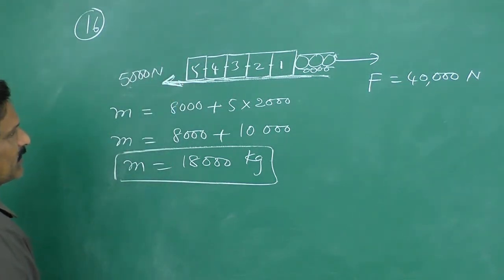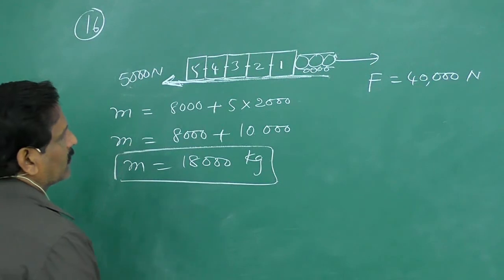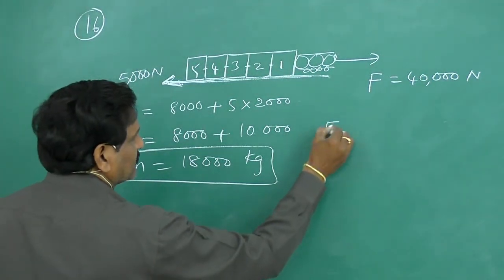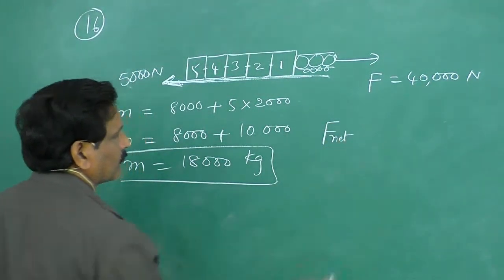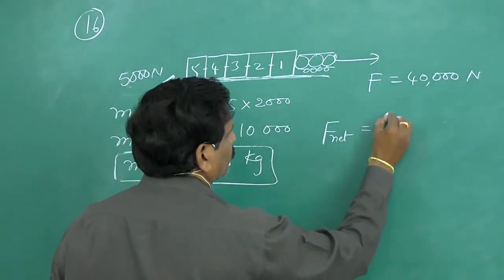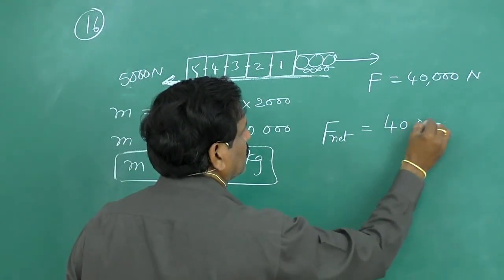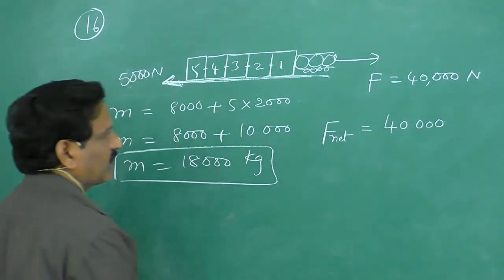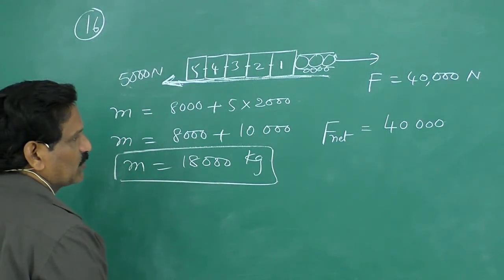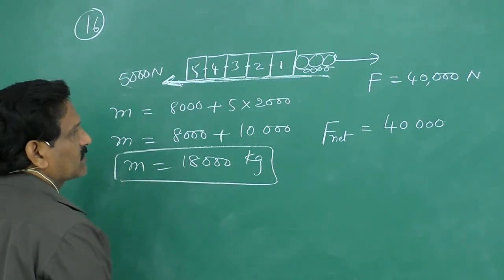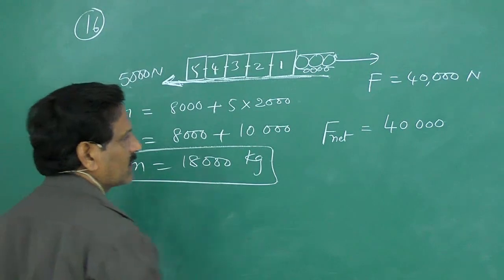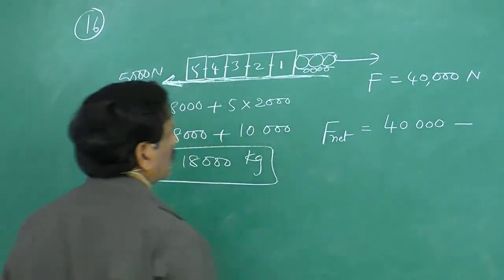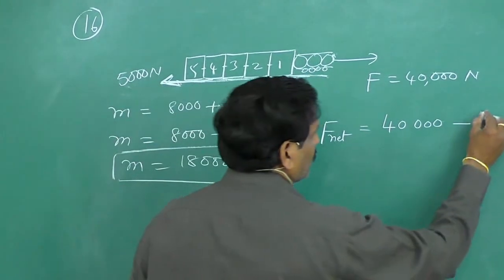Hence, the net force F net is equal to the forward force, that is the force exerted by the engine, 40,000 Newton, minus the frictional force, 5000 Newton.